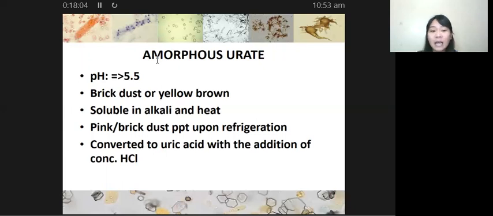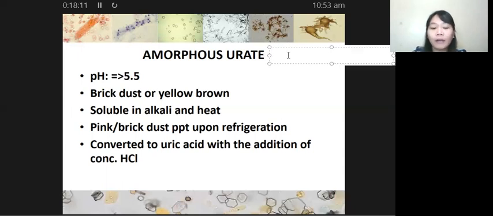So that is your amorphous urate microscopically. Its appearance is different microscopically and macroscopically.